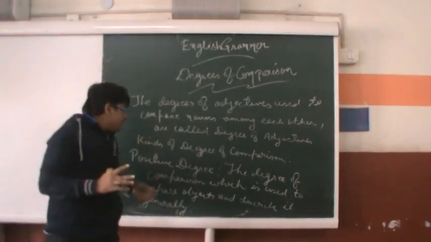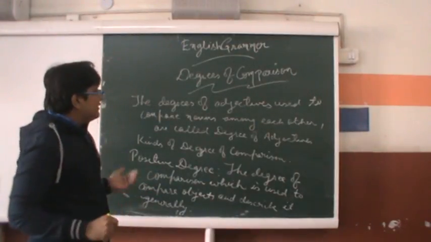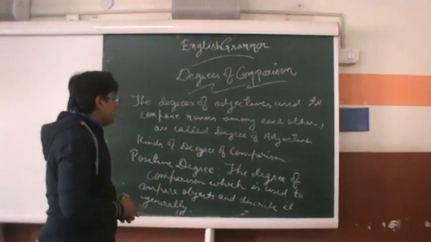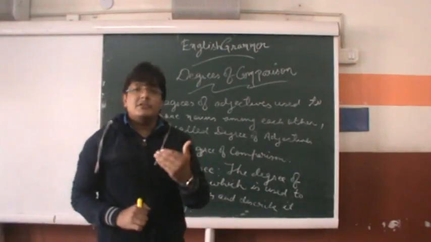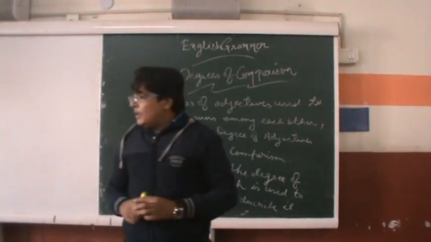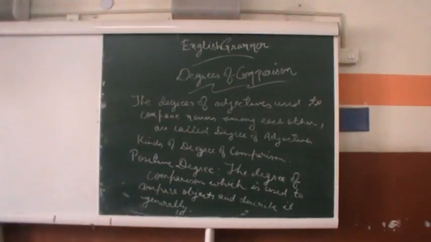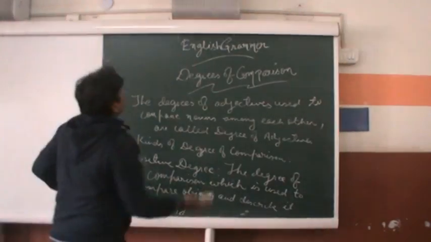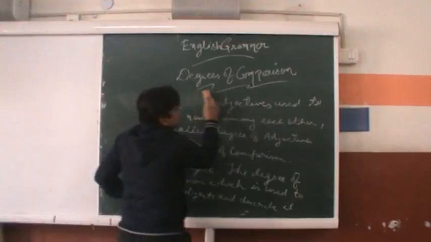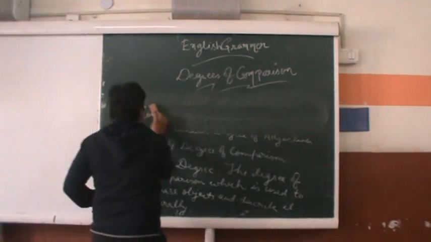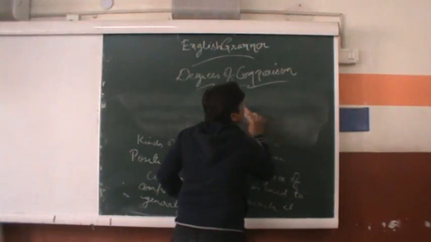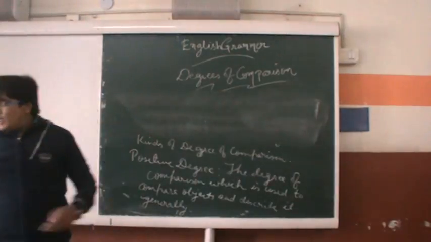So now we have the definition. Positive degree, the degree of comparison which is used to compare objects and describe it generally. Because of the lack of the space, I would erase this definition and write illustrative example here.